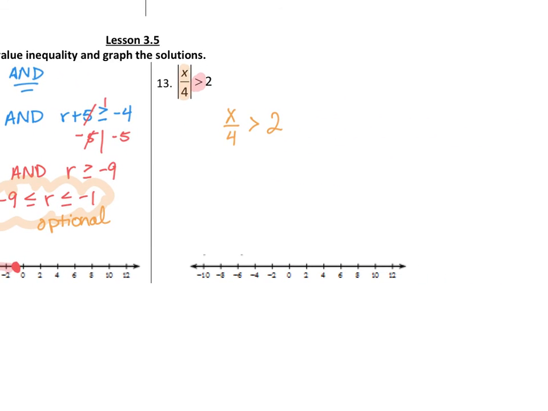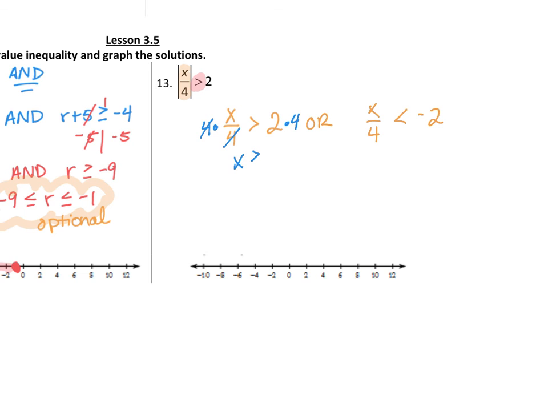So x divided by 4 is greater than, or x divided by 4, and remember you've got to reverse that inequality, so less than, always reverse the inequality for the negative possibility. Final step here is to multiply both sides by 4 because I'm dividing by 4.